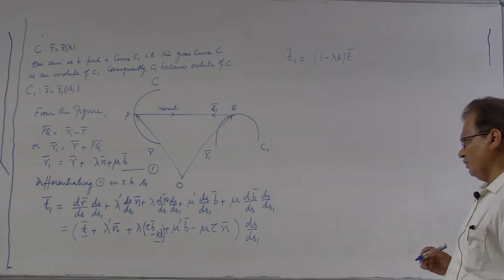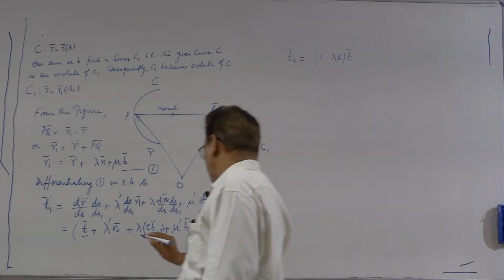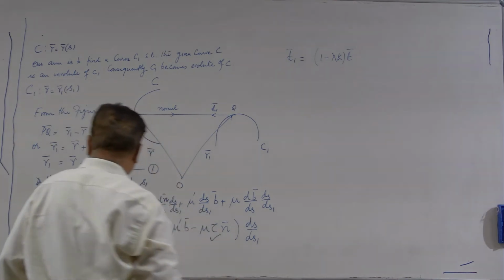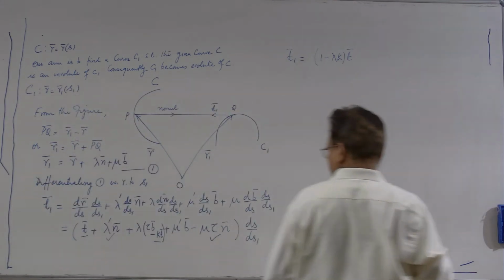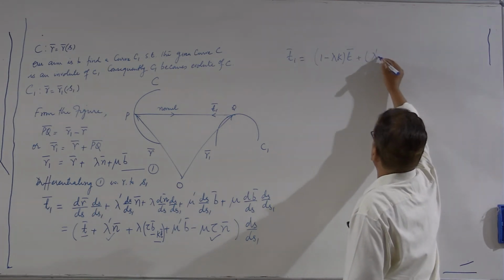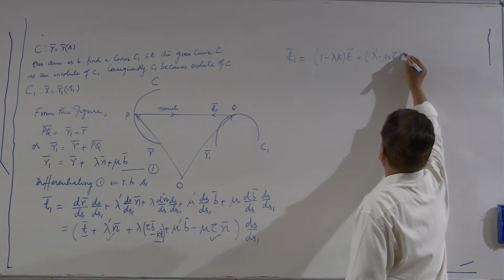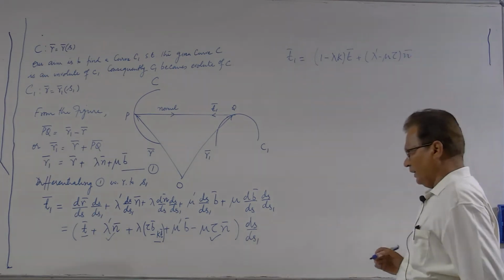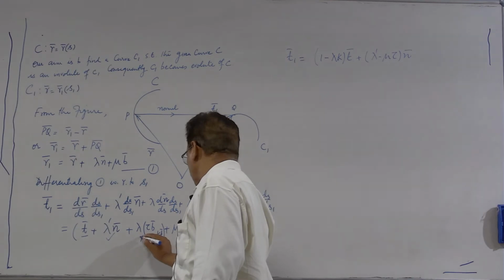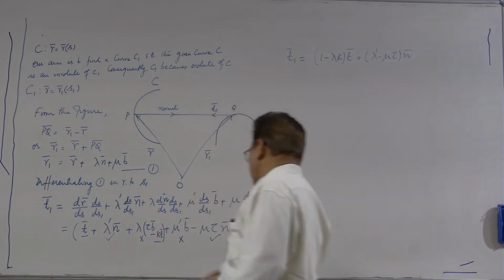Okay, and then look for the terms of n. One term of n is here and the other one is here. So, lambda dash minus mu tau into n, and then look for terms of b. These are two terms, one is here, another is here.